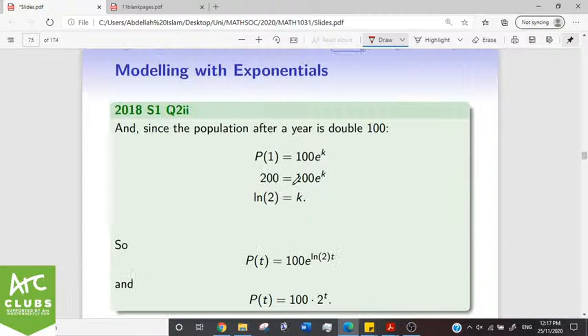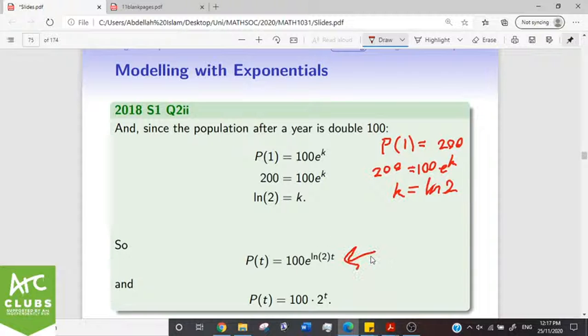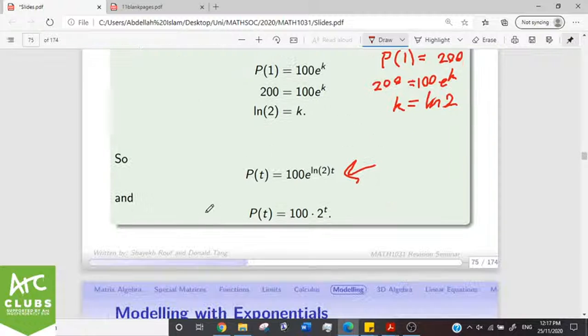After a year, we get double 100, which means that P(1) equals 200. Solving this, we have 200 equals 100 e to the k, and we can solve this using log laws, so k equals ln 2. And so we can rewrite our P(t) equation like this. It looks nice now without any unknown coefficients.